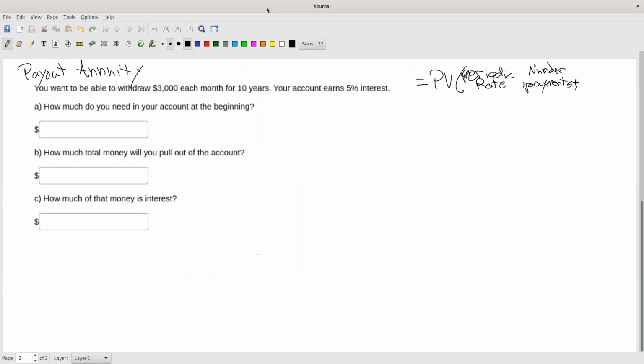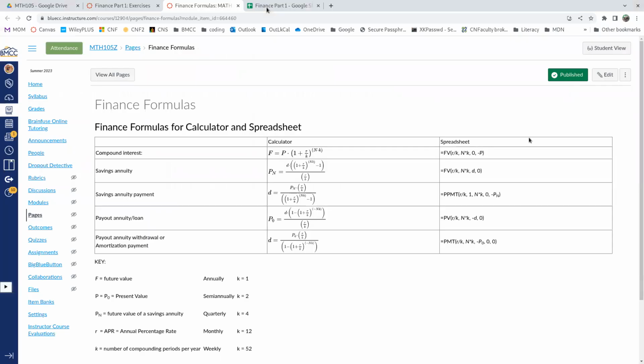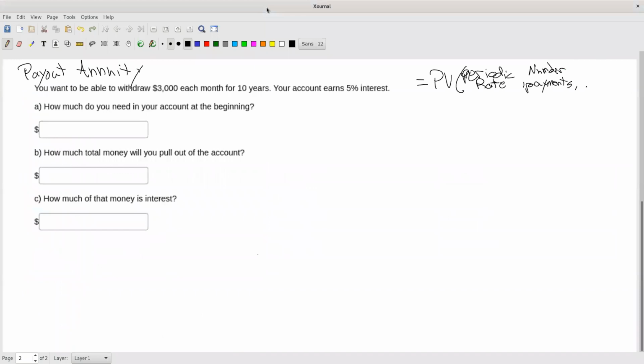I think it wants the payment amount or the withdrawal amount next. Yeah, the withdrawal amount. And that's going to be an opposite. And again, that payment here is also known as a withdrawal. And then I think there's one more item there, which is either when we get the payment or what we want the final value to be. So we'll find that out in a moment in the spreadsheet.